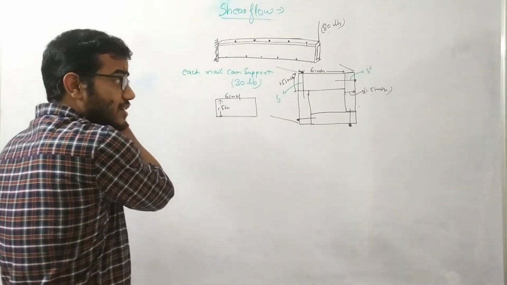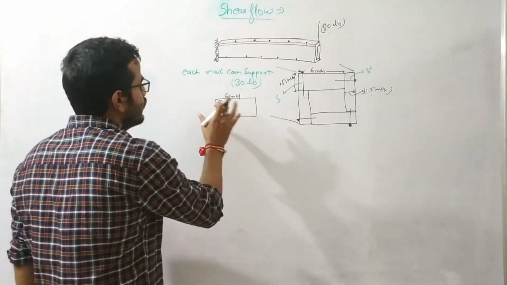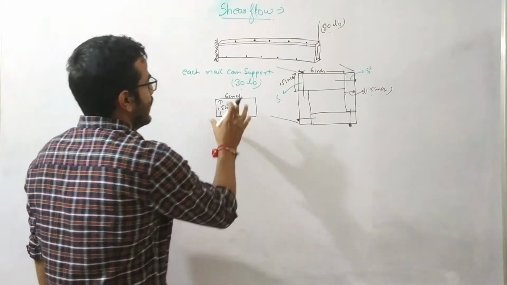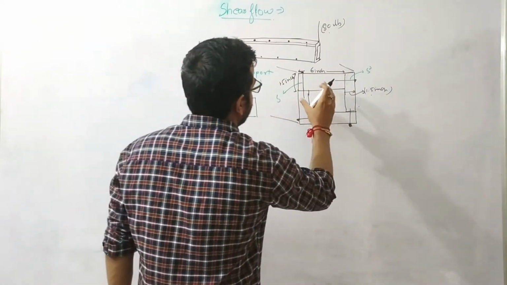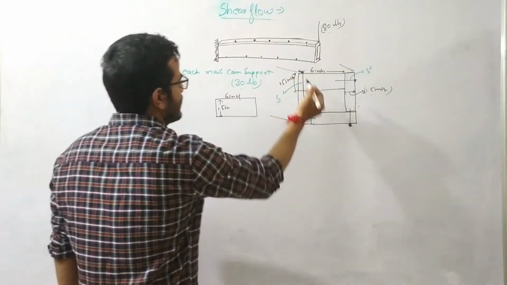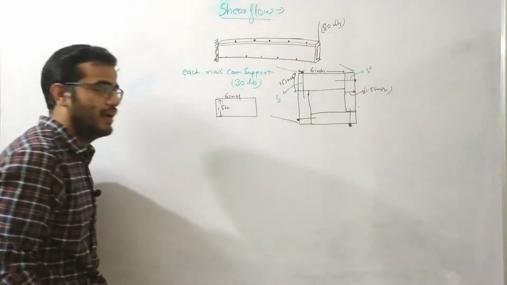I have used members whose cross section is 6 by 1.5 inch, and by connecting these members with the help of screws, with the help of these nails, I have made one built-up section which is a cantilever beam over here.